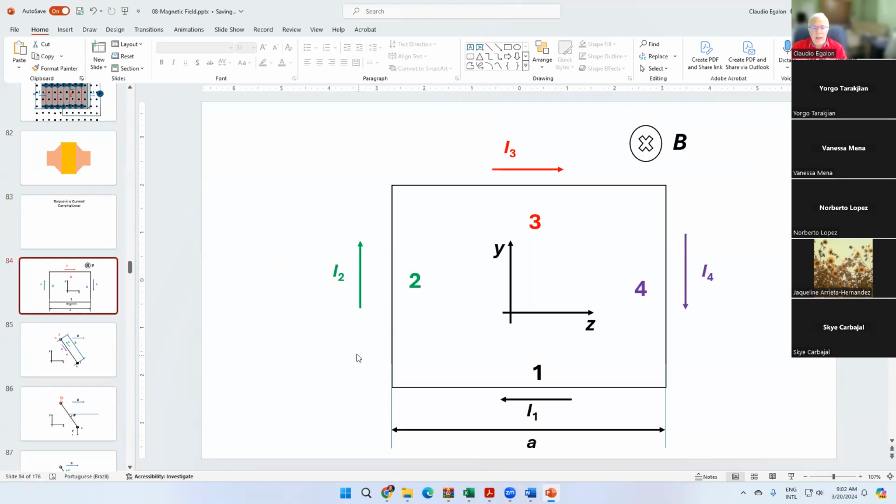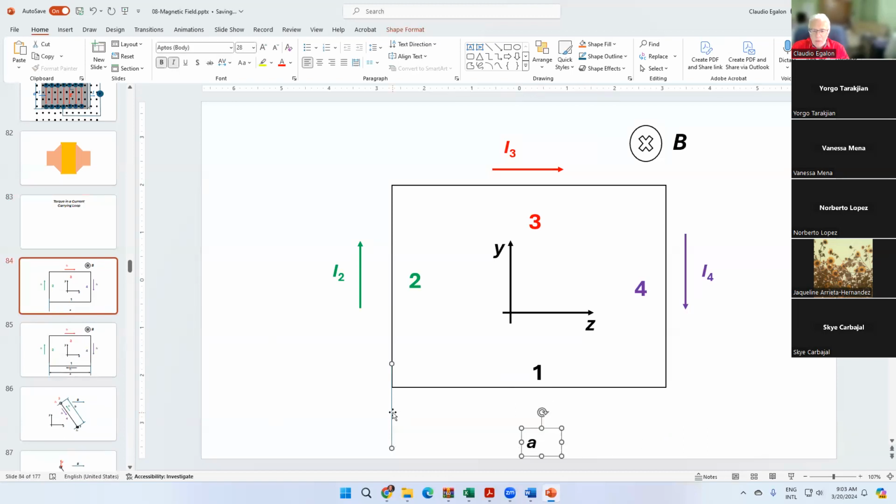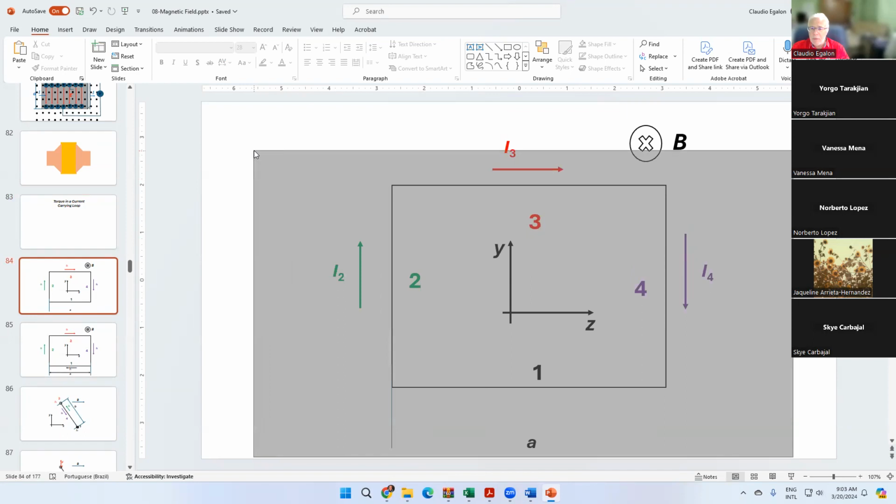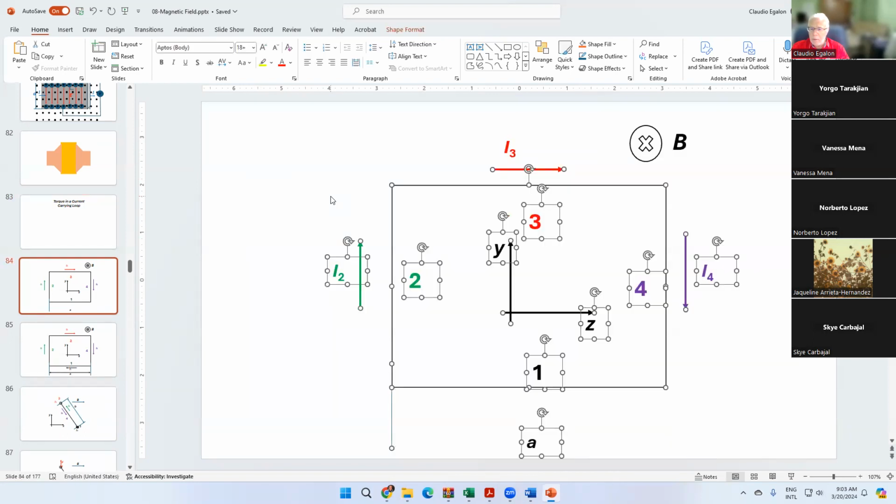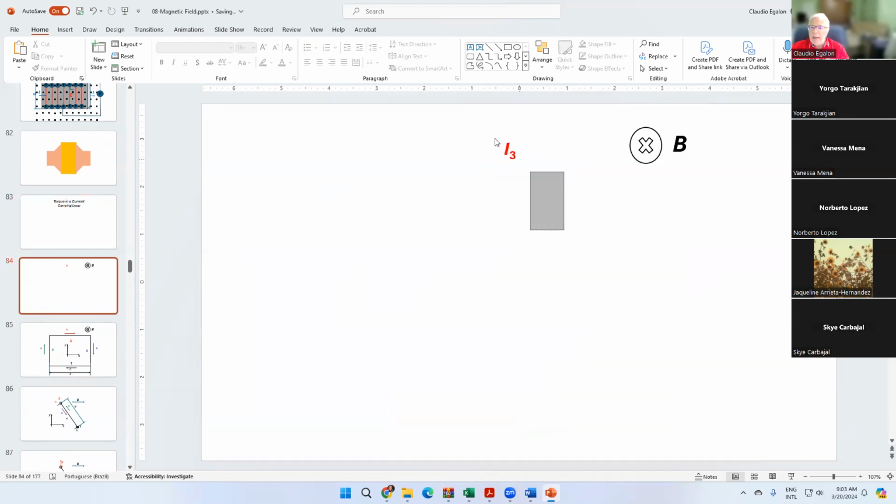So try to visualize, and I'm gonna simplify this drawing, right? I'm oversimplifying this drawing, and let's see, let's start with the magnetic field.